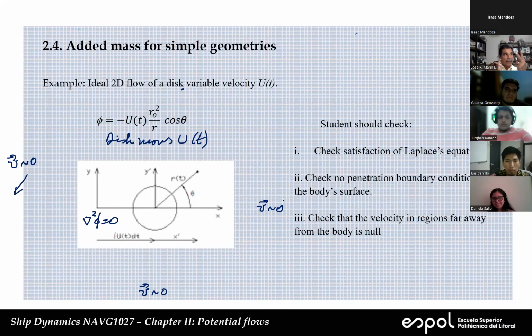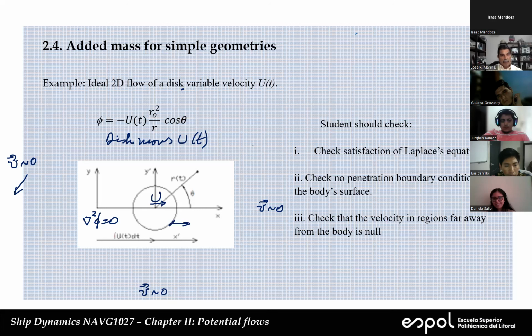Second, you have to check that there is no penetration. So here, you have to be careful, because remember that the velocity of the body you can calculate using phi. But in this case, the body is moving with velocity u. So at this point here, the velocity is this, because the whole body is moving with velocity u.